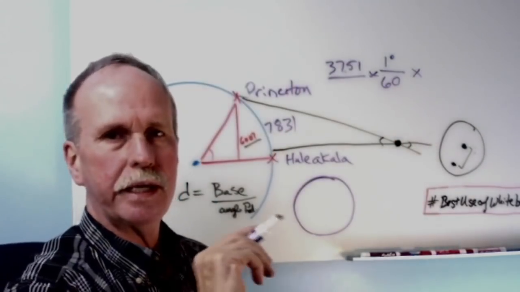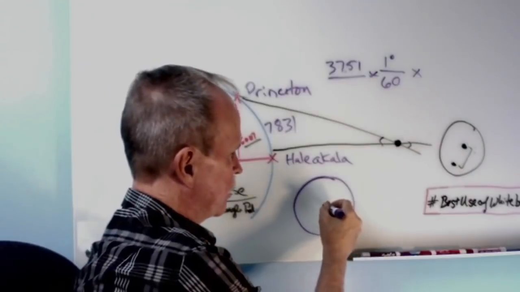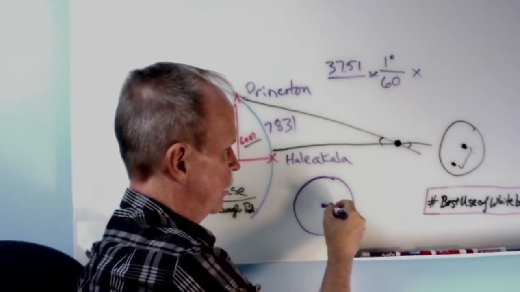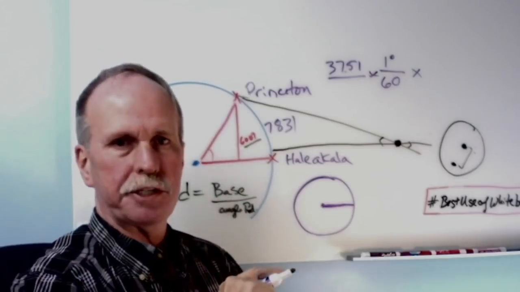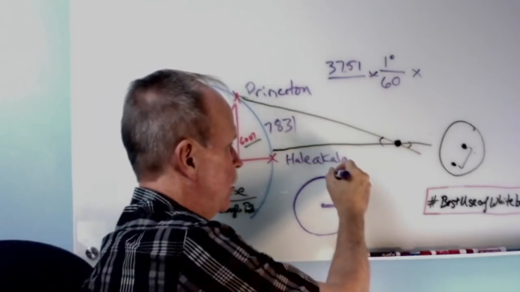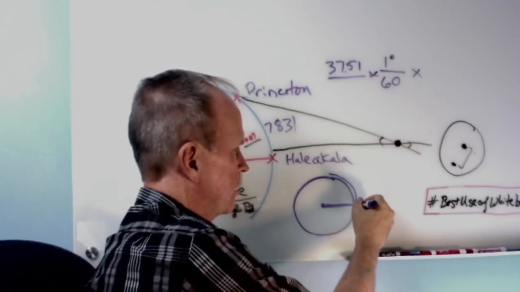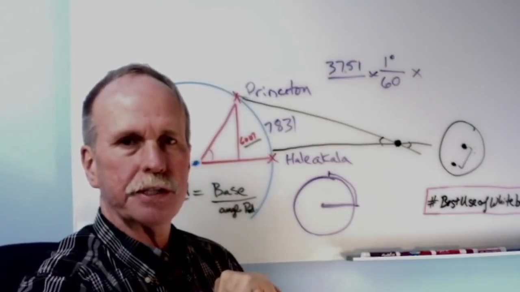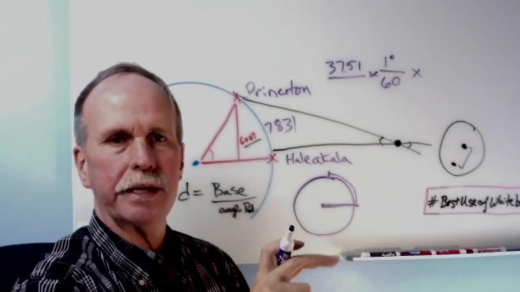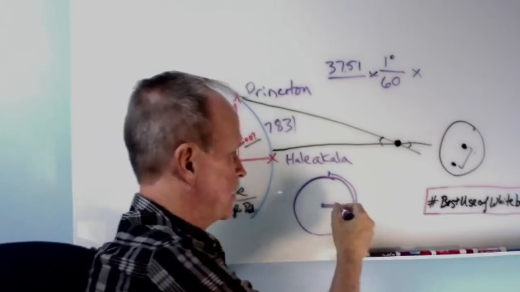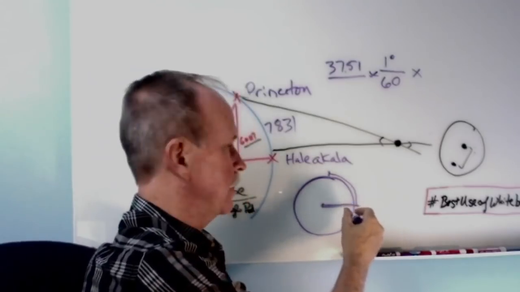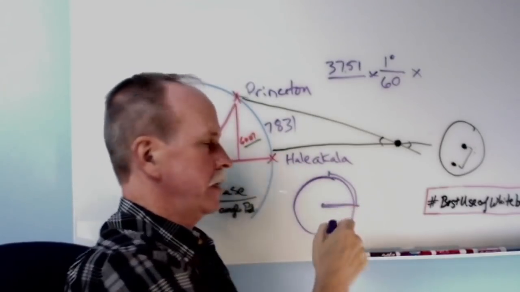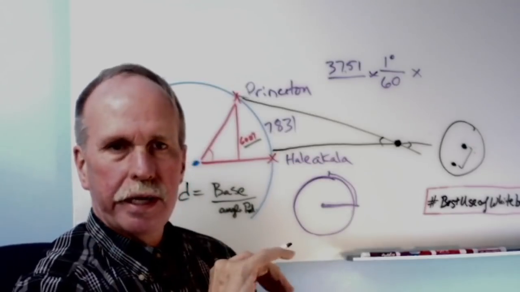Now what a radian is, if you take a circle, that circle will have a radius to it. If you look at the circumference of the circle, there'll be a certain part of that circumference that is equal in length to the radius. So basically that's 1 radius length, that's 1 radius length. So how many radians are in a circle?